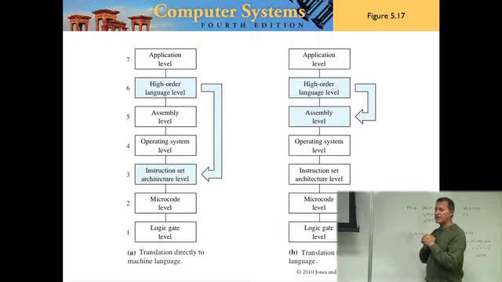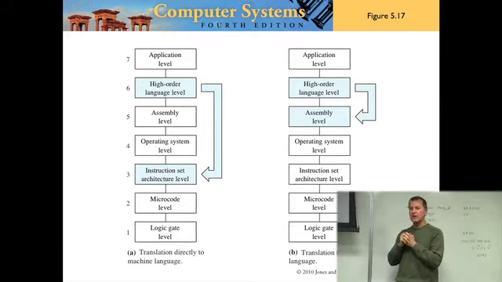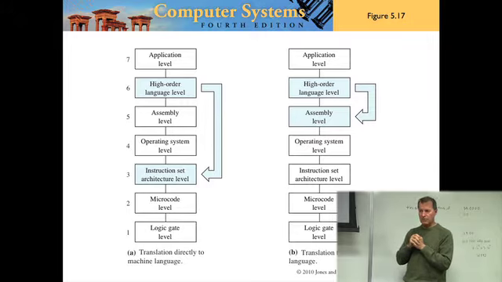Now, what kind of translation have we been learning up until this point? We've been translating from what level to what level? Assembly 5 to ISA 3. Are you with me? Assembly 5 to ISA 3.